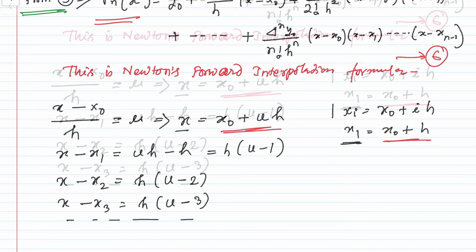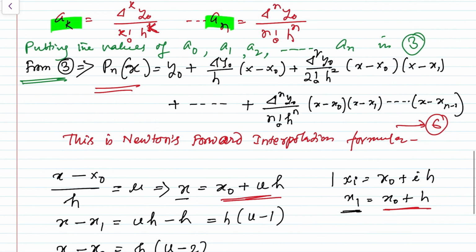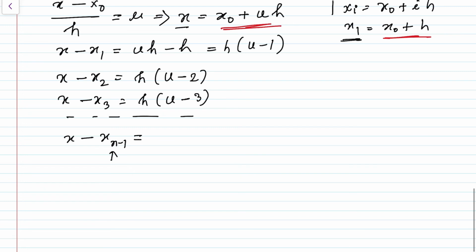Then x minus x n minus 1, where we are taking x n minus 1 because this equation number 6 is ending with this x minus x n minus 1. So that's why we have to find this x minus x n minus 1. If you follow this pattern, then you will get h into u minus n plus 1. So hope you have understood this.